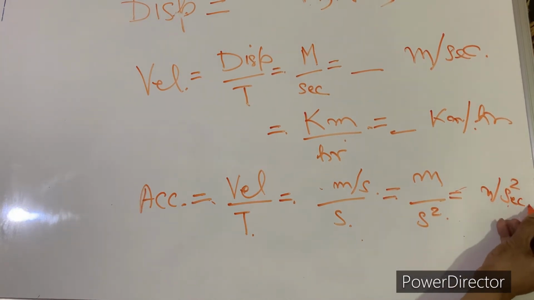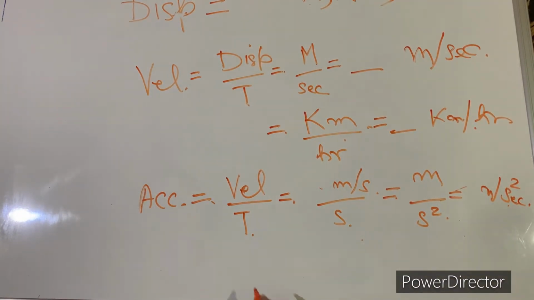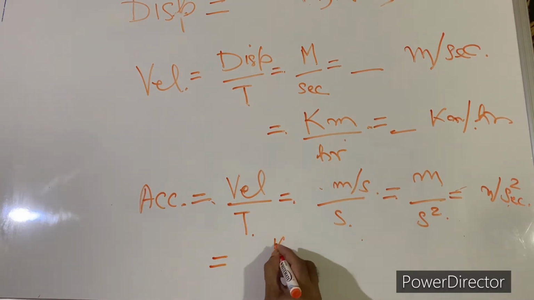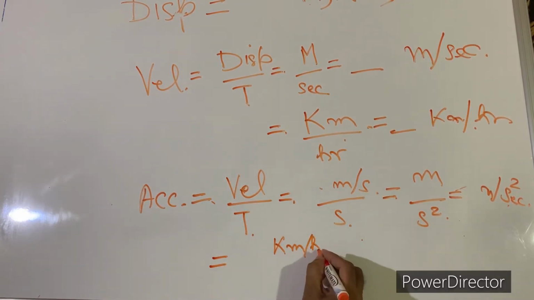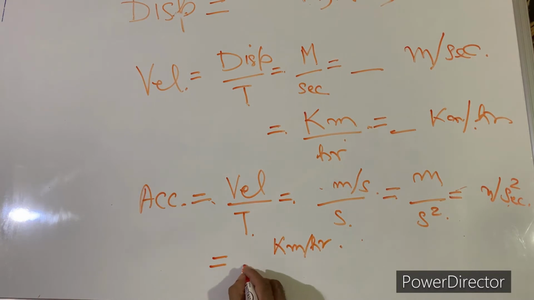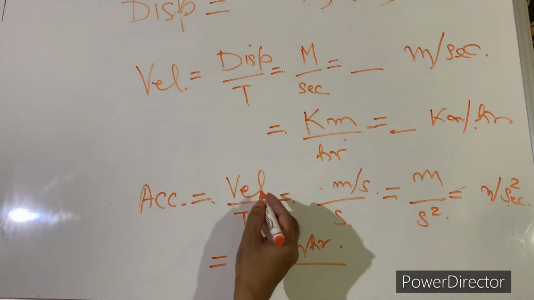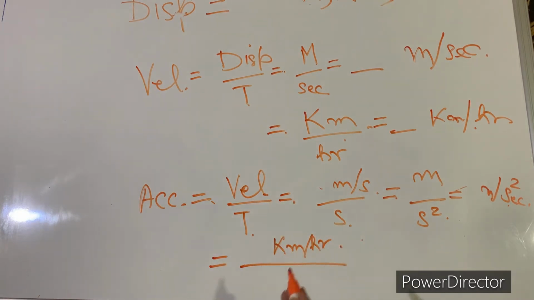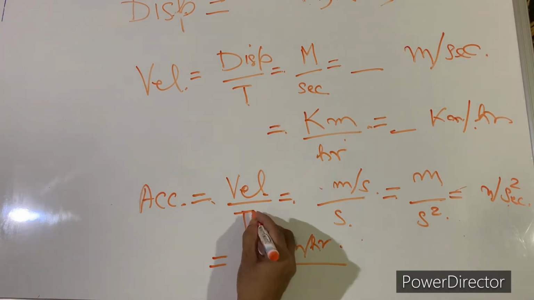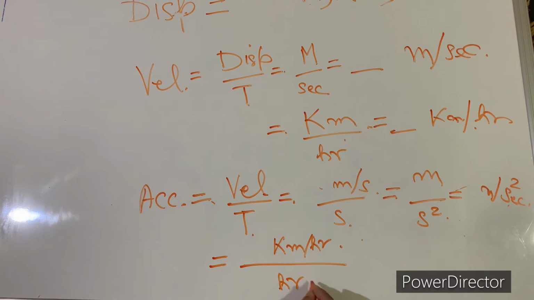Meters per second square. Remember. And in case we take the velocity in kilometers per hour, a larger unit, which has to be measured in kilometers and hours, then the velocity of the body will be in kilometers per hour and the time has to be taken in hours.